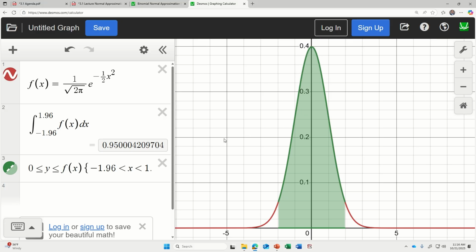And the green shaded area between negative 1.96 and positive 1.96 is exactly 0.95, 0, blah, blah, blah. But it's really close to 95%, right? So that's why we use the numbers negative and positive 1.96.